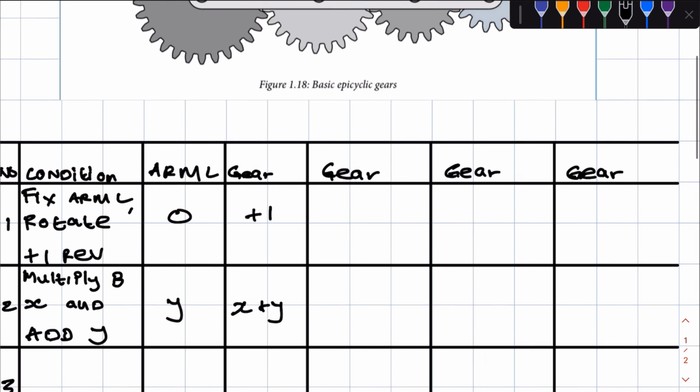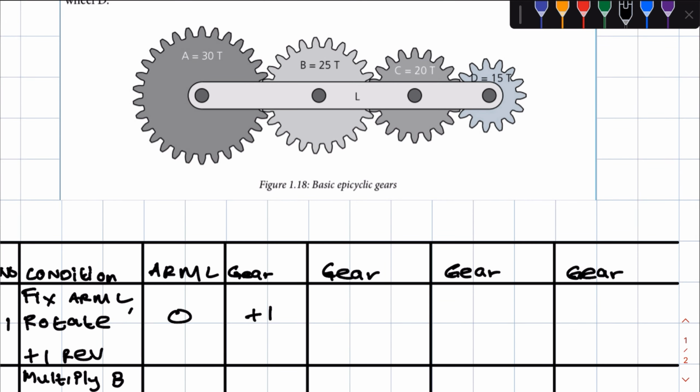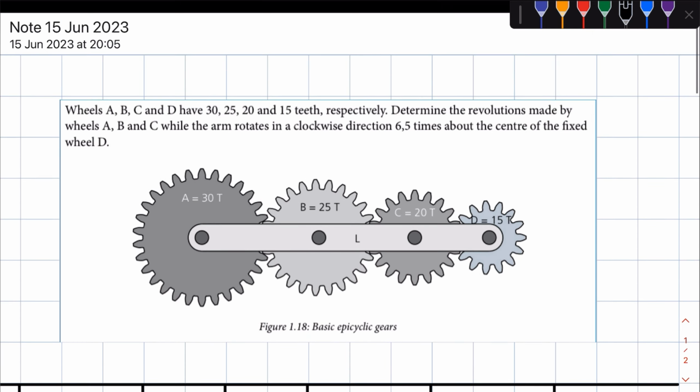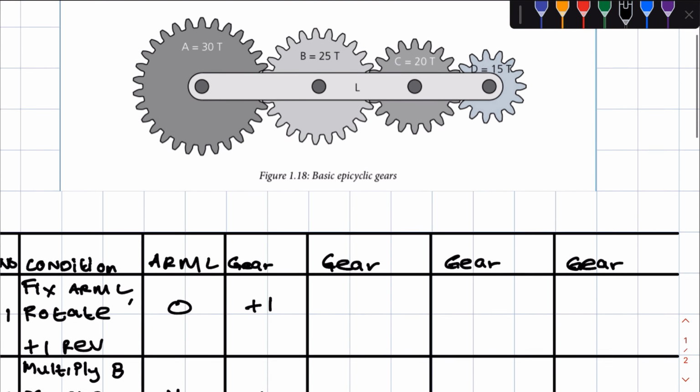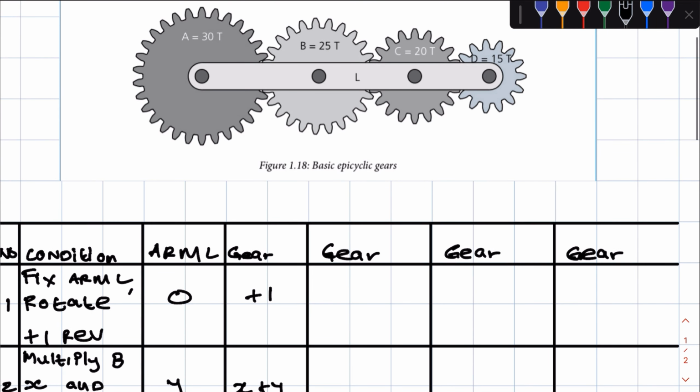What I like to do is name or give each gear and arm a column, starting with the arm and the gear we choose, or the gear that is the analyst gear.